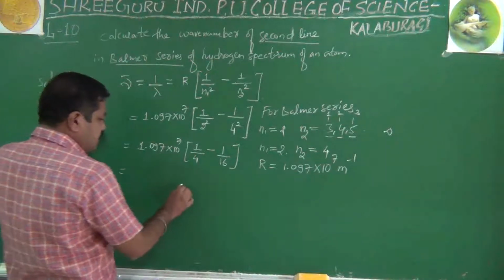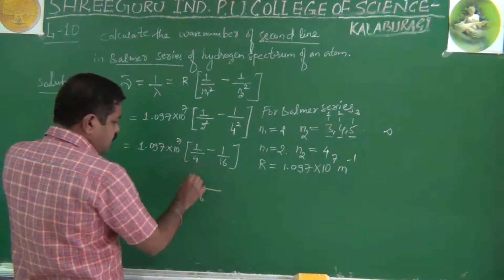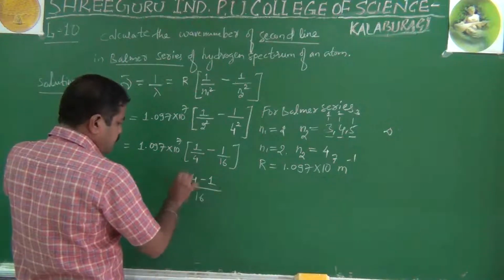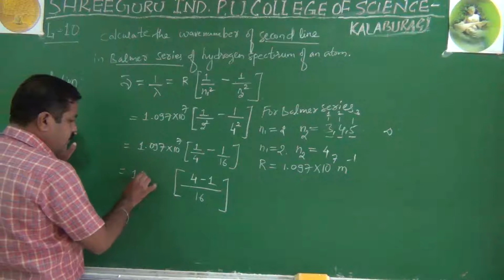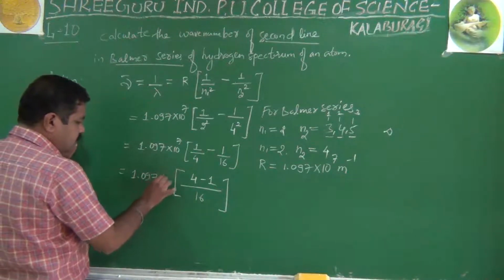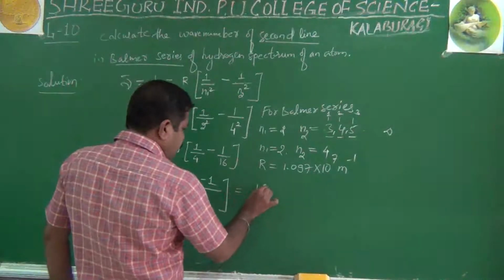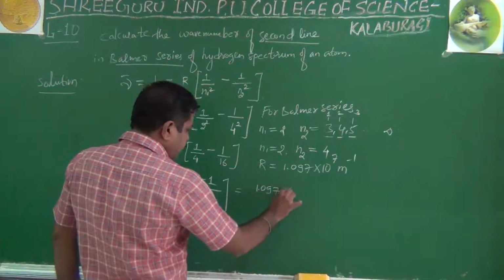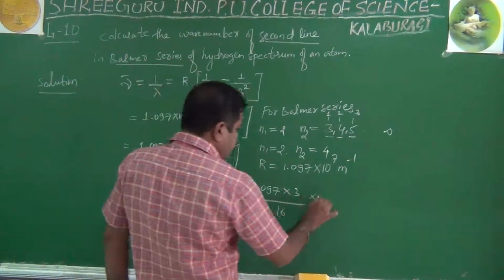Taking the LCM here, this will be 4 minus 1 by 16, once again 1.097 into 10 raised to 7. Finally 1.097 into 3 divided by 16 into 10 raised to 7.